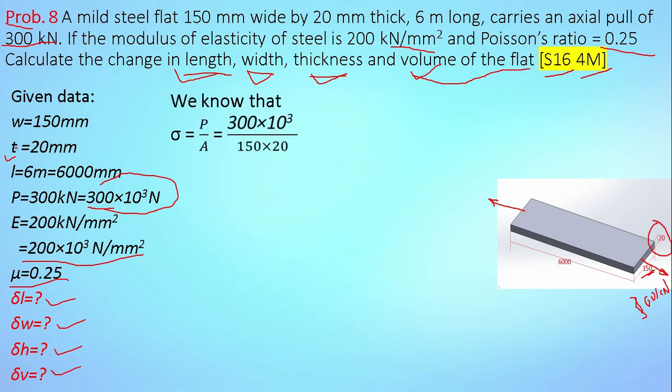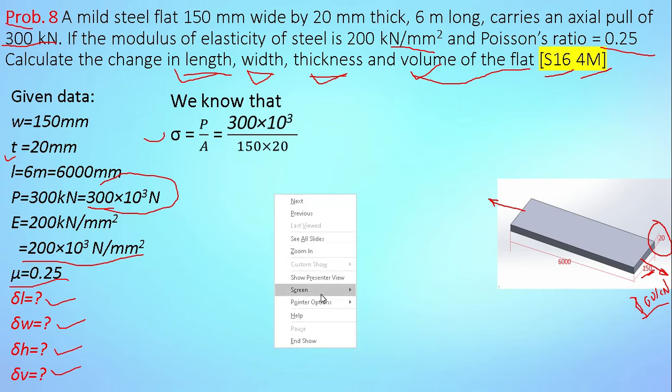We know the formula: stress is equal to load divided by area. Load is 300 into 10 raised to 3 Newton, and this force acts on this much area, 150 multiplied by 20.